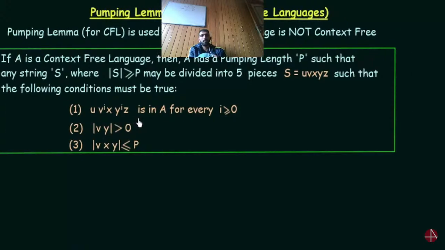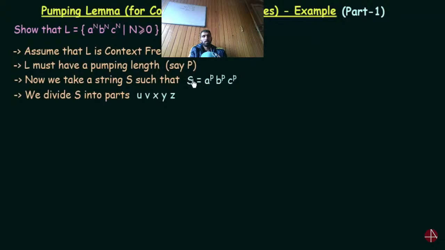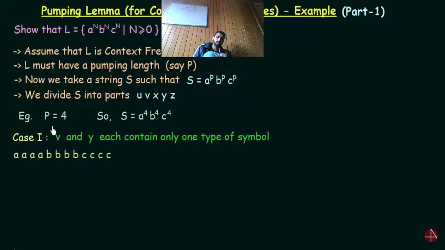So let's go back to our problem. Here we have taken P as our pumping length, and we are going to divide our string S into 5 parts, u, v, x, y, and z. Let's see how we can do this. For example, I have taken the pumping length P equal to 4. You can take any other length also, but here we have taken P equal to 4.